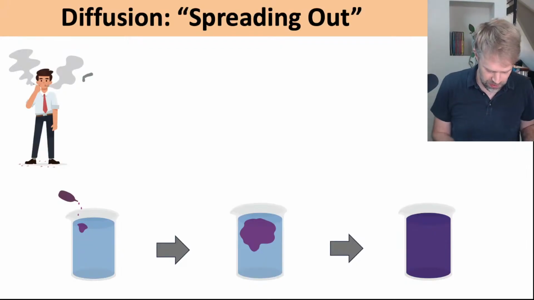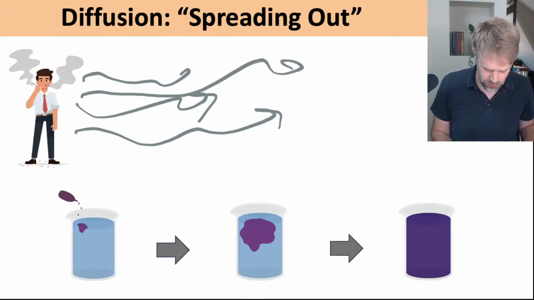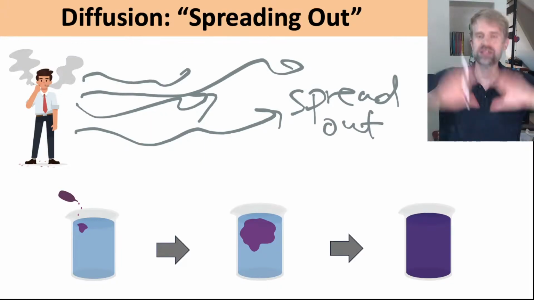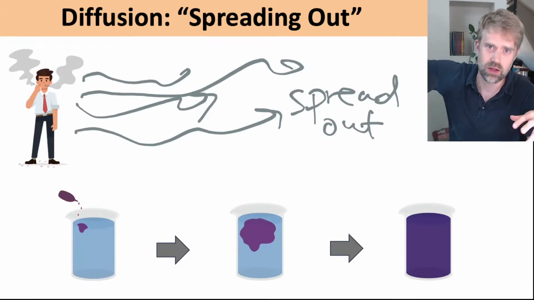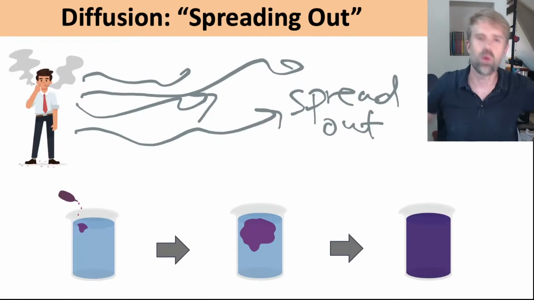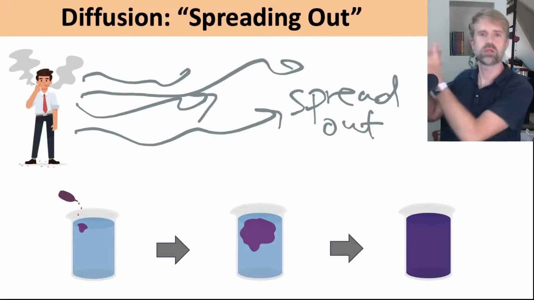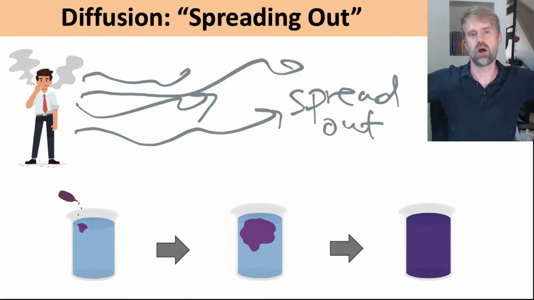That smoke is eventually going to spread out into the rest of the room, the whole bar. You got some guy over in the corner smoking a cigarette. Just a minute or two, you're going to be able to smell that smoke in the whole bar. And the reason is diffusion. That smoke doesn't just stay in one place, it spreads out over the whole bar.